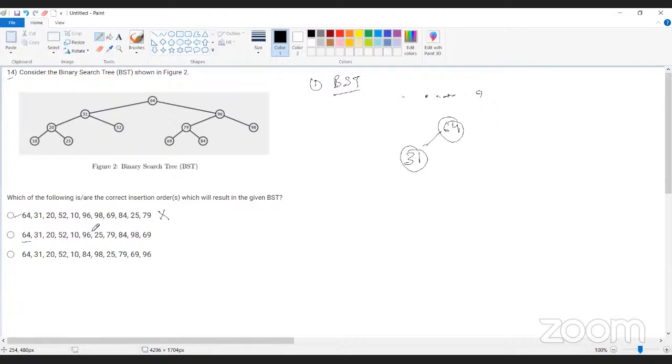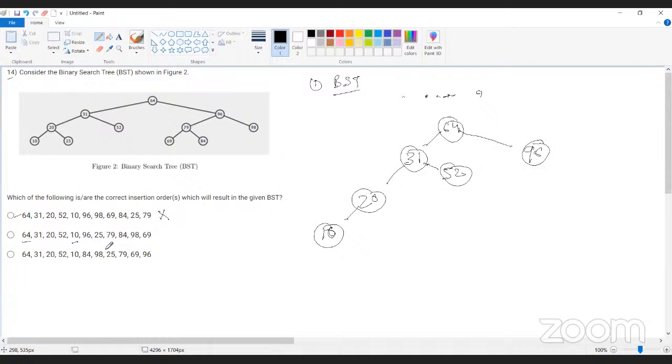Then 20. Then 52, it's less than 64 but greater than 31. Then insert 10, less than 20, right? Insert 96, it is greater than 64.